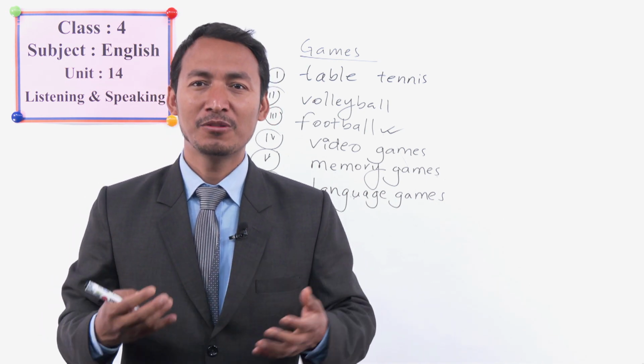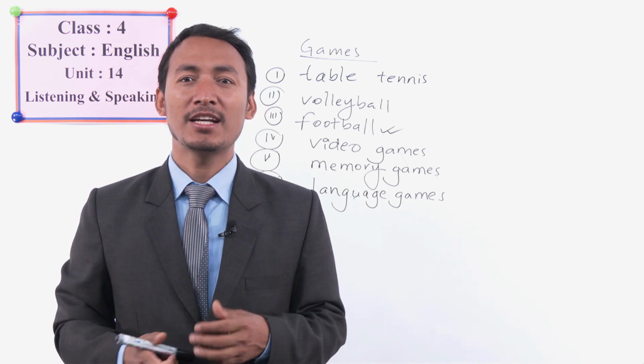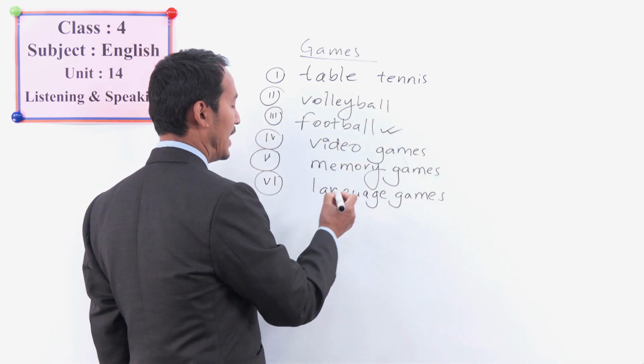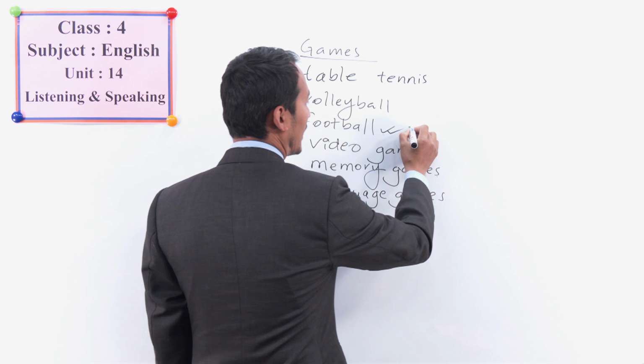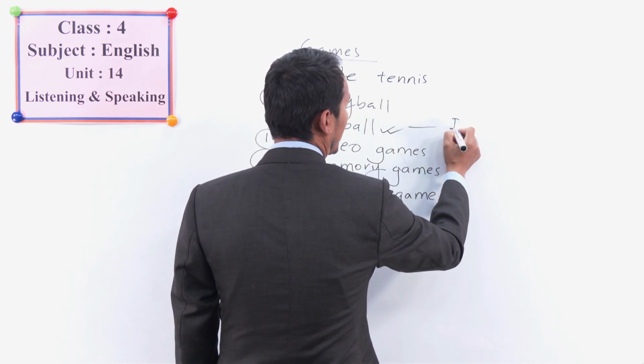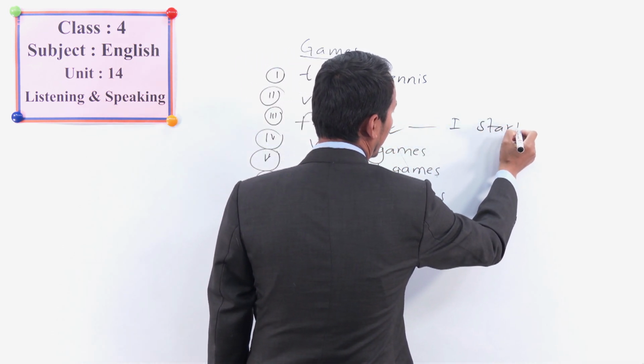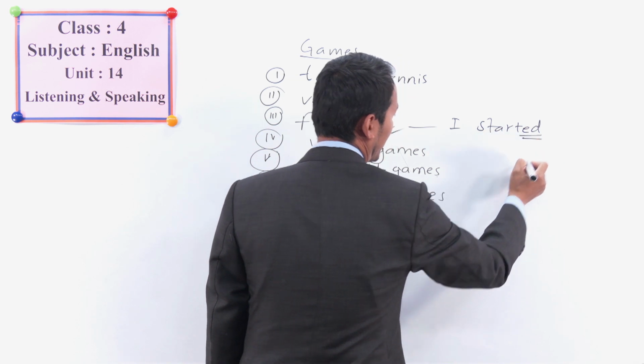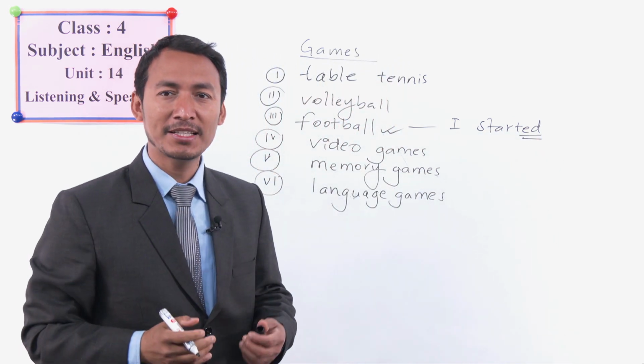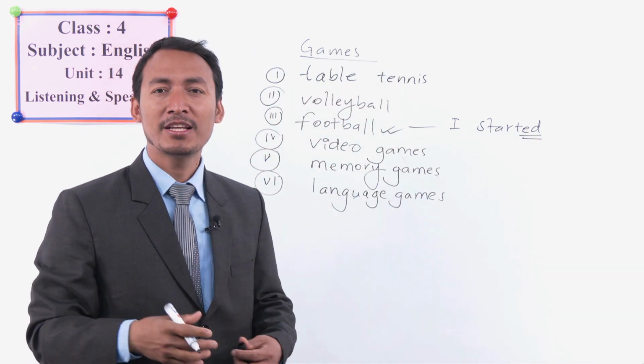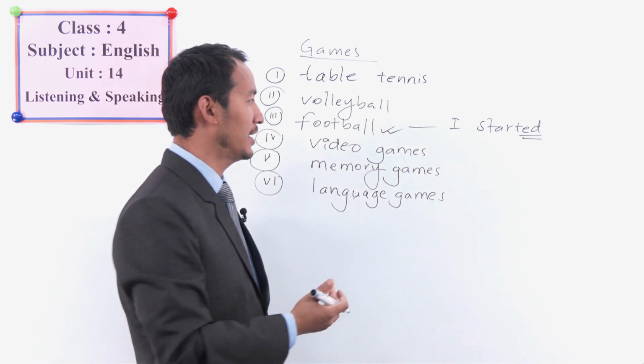Okay, you know how to play the games. So when did you start? You can say, I started. You have to say started, verb 2. You have to use past tense because the question asks when did you start to play.